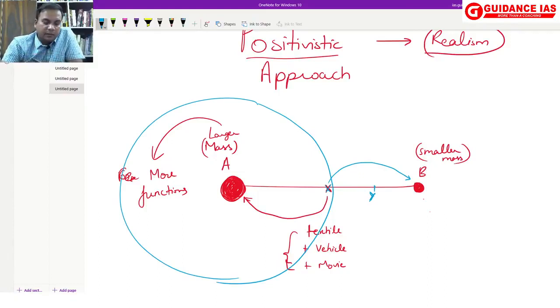So even if he is deriving more economic advantage at A, he is deriving more satisfaction at B, he will go to B, and you will find many people like this. It is not necessary. Okay?